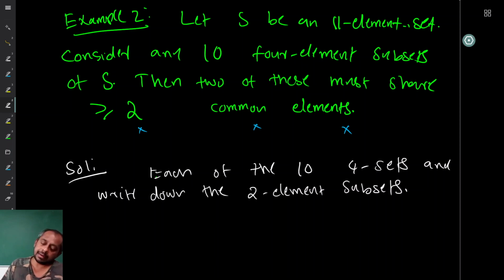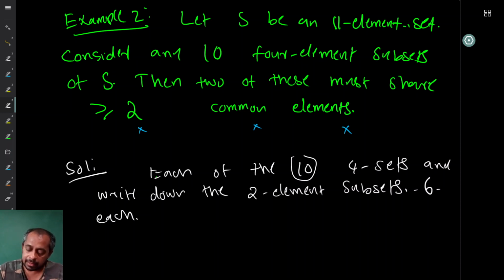Now, if you take a 4 element set, how many 2 element subsets can you find? This is a question that you need to figure out. We will see the general method later, but most probably you are already familiar with it. One can easily show that there will be 6 of them. So each 4 element set has 6 2 element subsets.